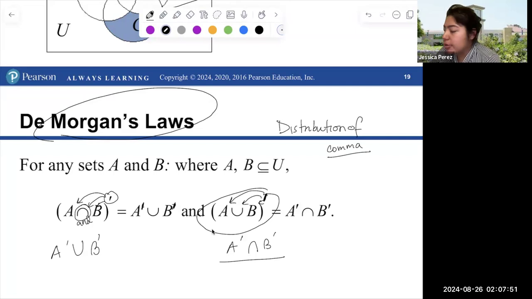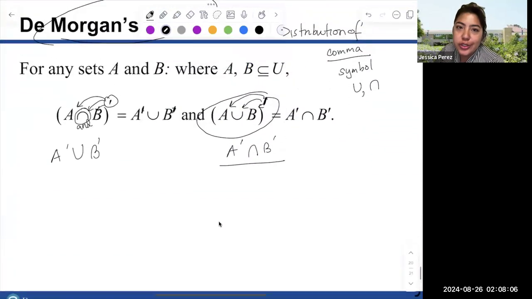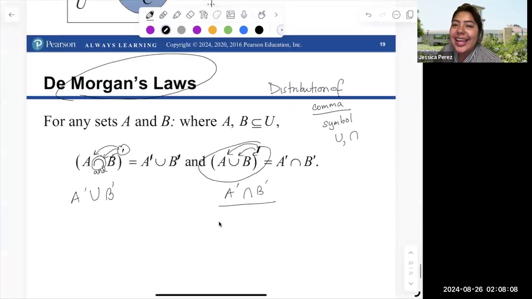The symbol will also change. The symbol from this to this, they will swap because you are doing the complete opposite. You're using De Morgan's law. And so we'll do one more example, and that would be the end of section 2.3. You guys are doing great.